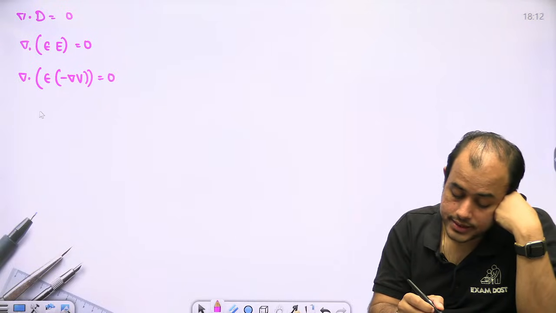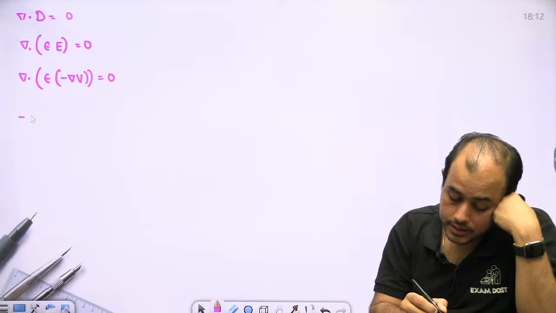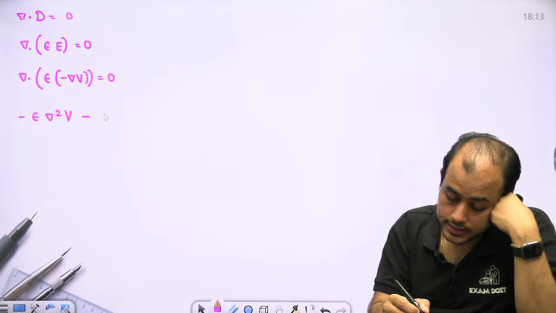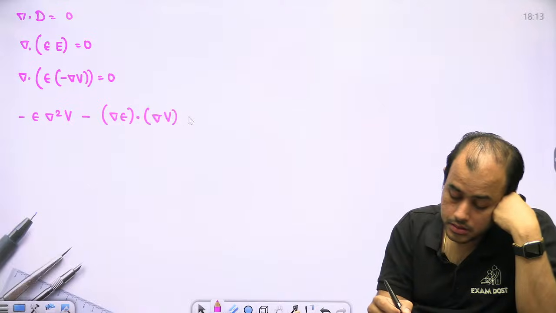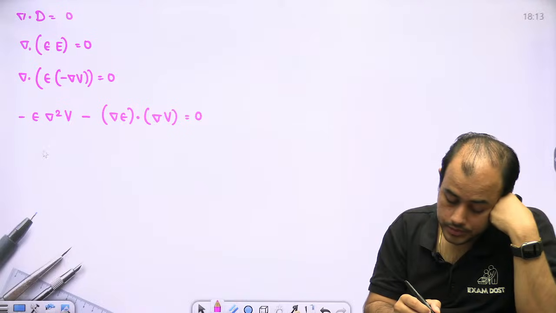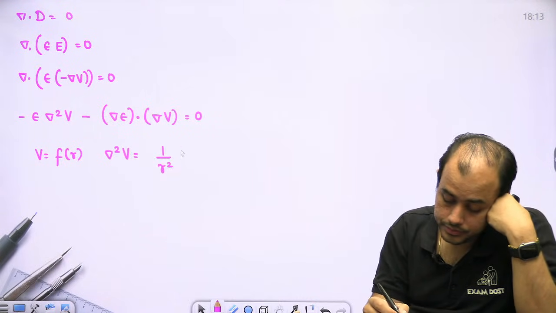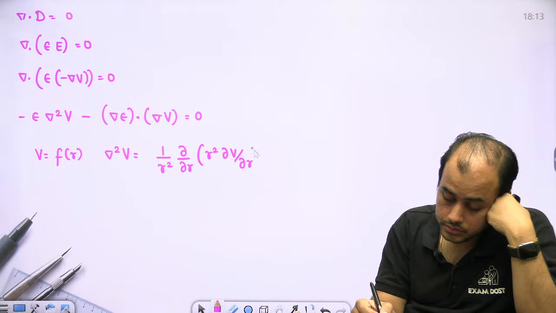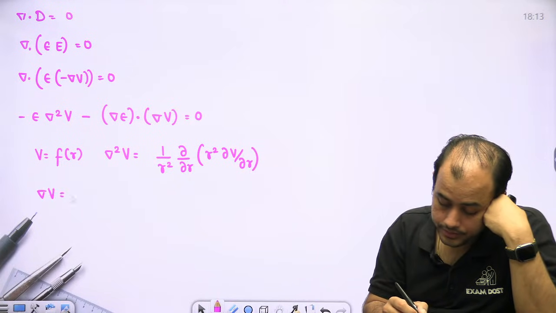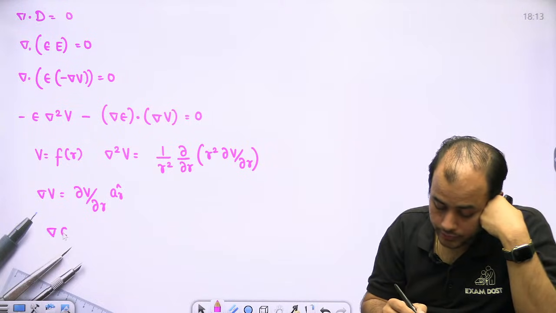So divergence of a scalar into a vector is this, minus... now E is a function of R, gradient of V, gradient of epsilon.